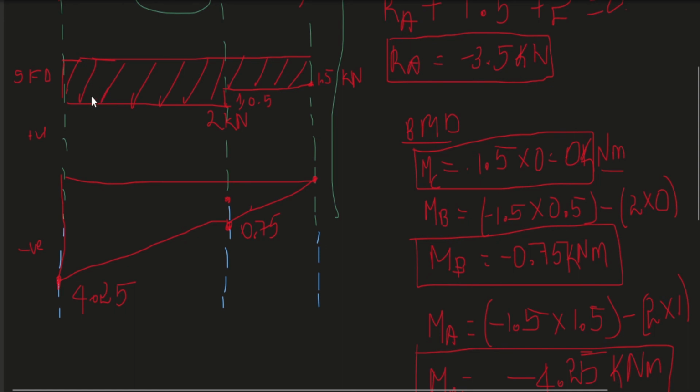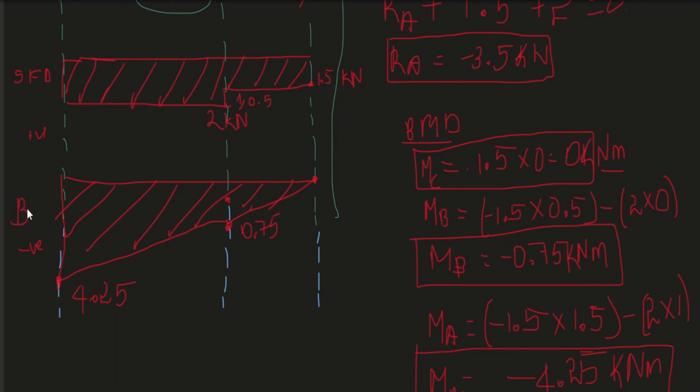Here, since it is a straight horizontal line, you will get a sloped straight line, not the parabolic one. So this one is the shear force diagram. This is the BMD.